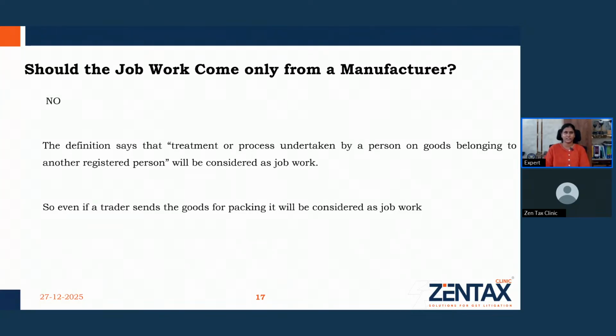In the definition itself, they have mentioned goods belonging to another registered person. They have not mentioned that such registered person should only be a manufacturer or something. So even if a person is a trader, they can send the goods for packing, they can send the goods for job work, and that will be considered as a job work.